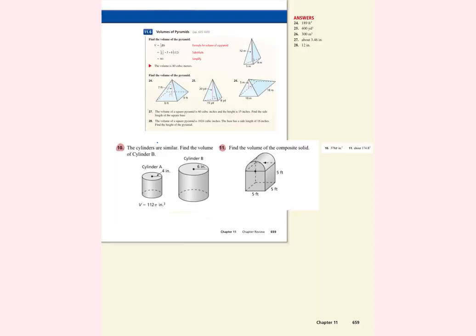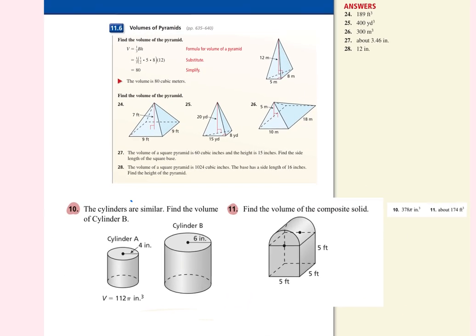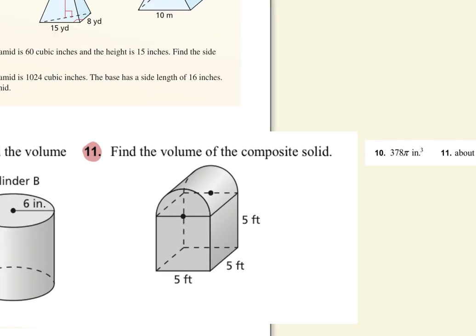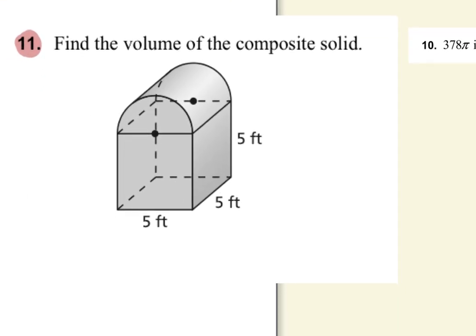All right, questions on 11.6. Now we're dealing with pyramids, and then you had your composite and you had your similar. All right, so the composite solid this time is made up of half a cylinder and a cube on the bottom. The volume of the cube would be 5 times 5 times 5, or 5 cubed, which is 125.